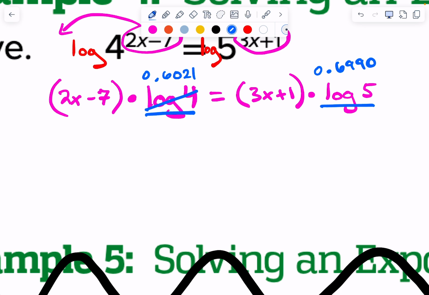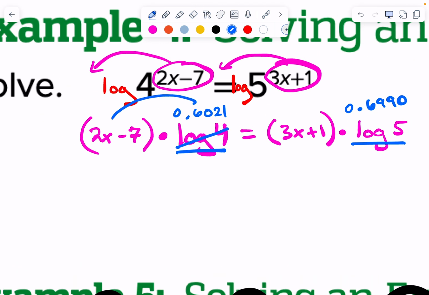Are you ready for your options? I can distribute this through, and distribute this through, in which case I will have 4 pieces total, and they all will be decimals.